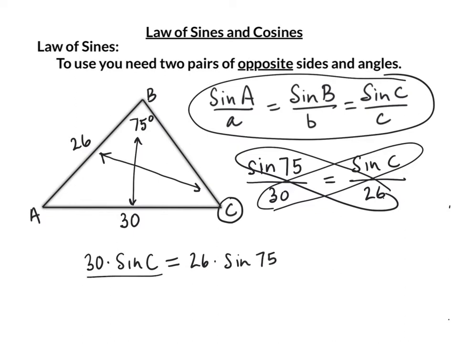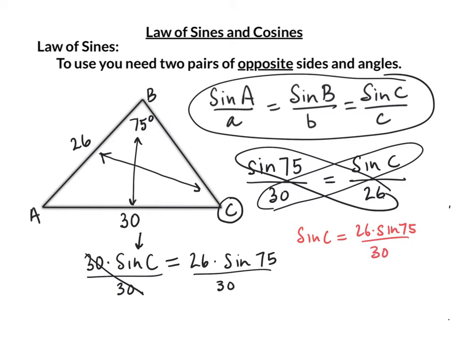We'll divide both sides by 30. We need to get this by itself first. Divide by 30. That cancels, and I see that the sine of C is equal to 26 times the sine of 75 over 30.